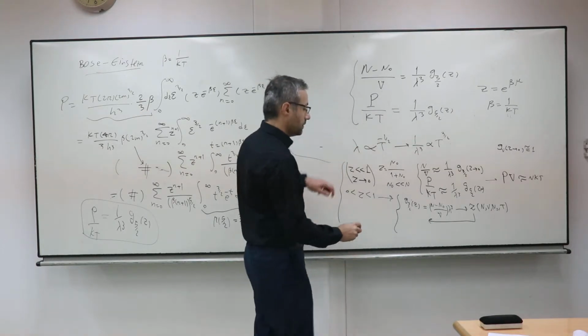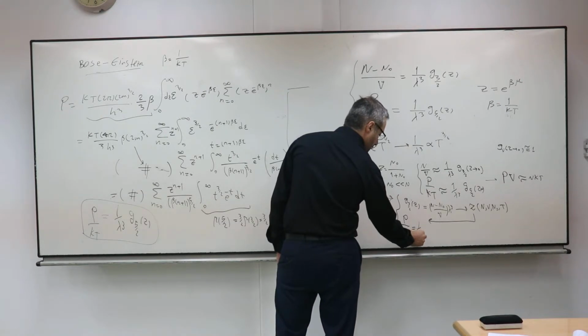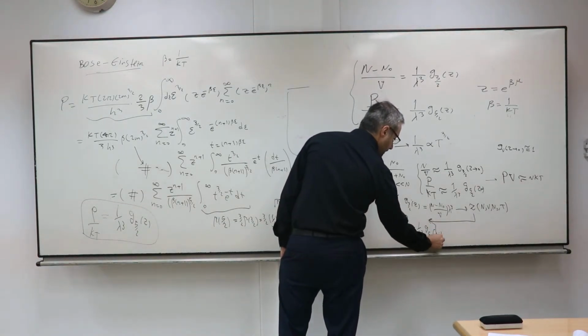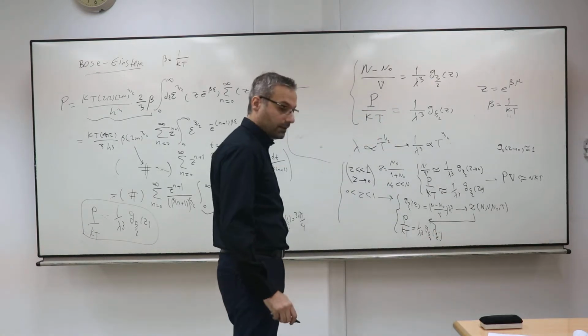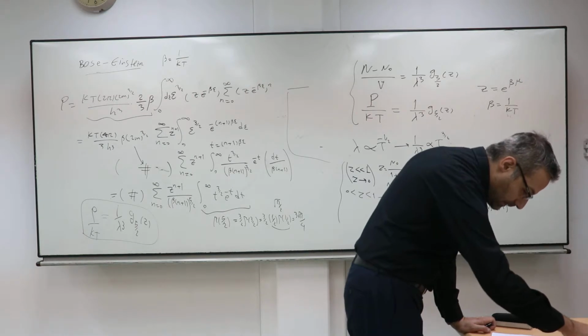The second equation is the equation of pressure, with g5/2 of exactly this z. So it's very complicated. If you do this, you can find the equation of state.